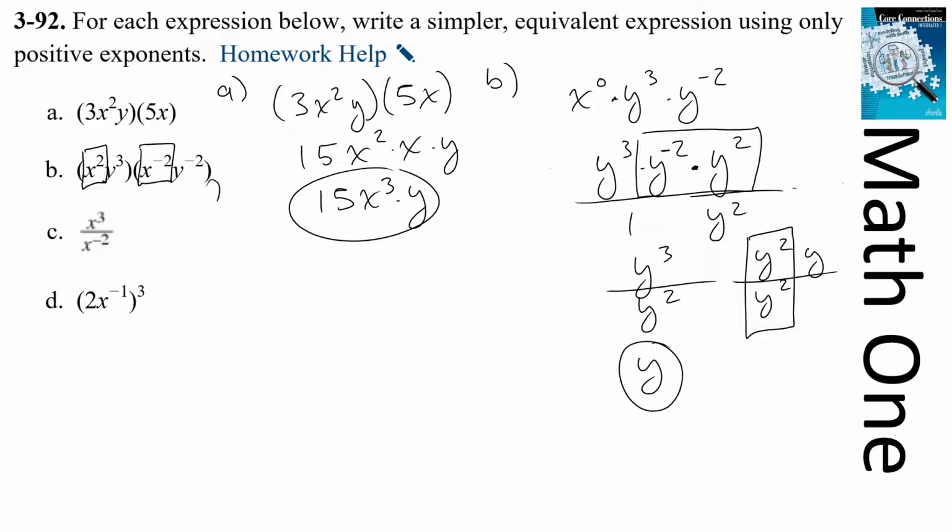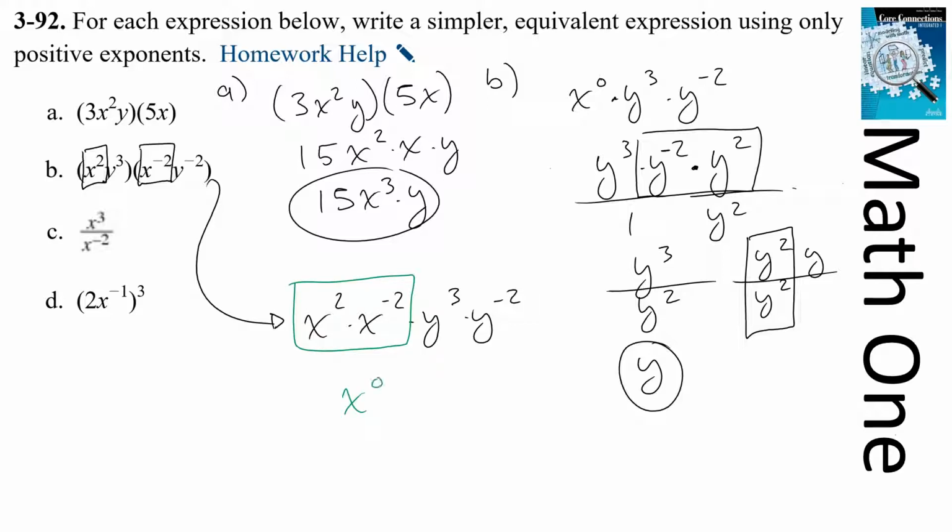Now I want to just take a moment and look at a potential shortcut. I'm multiplying identical bases with different exponents: x squared times x to the negative second times y to the third times y to the negative second. When I multiply x squared times x to the negative second, that becomes x to the 0 power. Negative 2 plus 2 is 0, which is equivalent to the number 1.